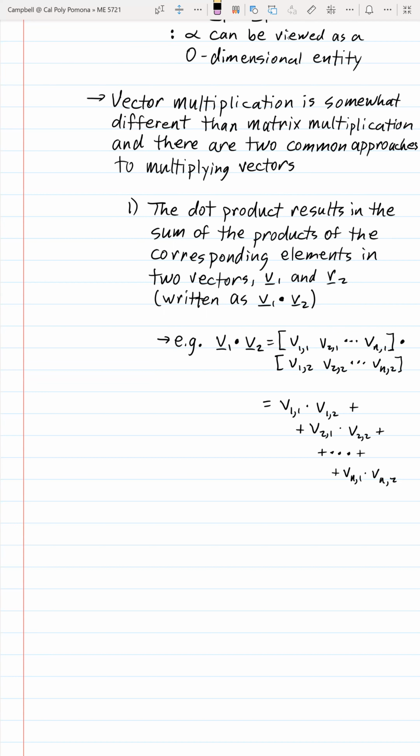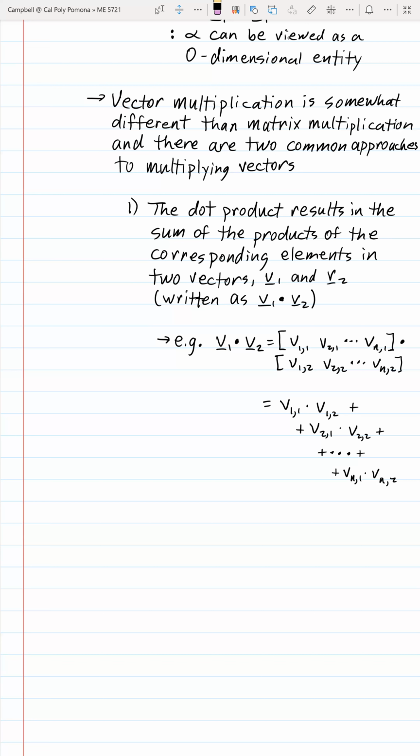When we were looking at matrix multiplication, for a particular entry in the resulting matrix, we were just looking at the results of a bunch of different dot products, where we were dotting the row vectors of the first matrix into the column vectors of the second matrix. And that's all we were doing.